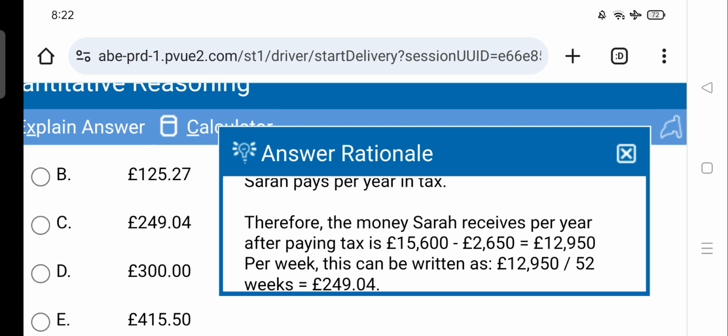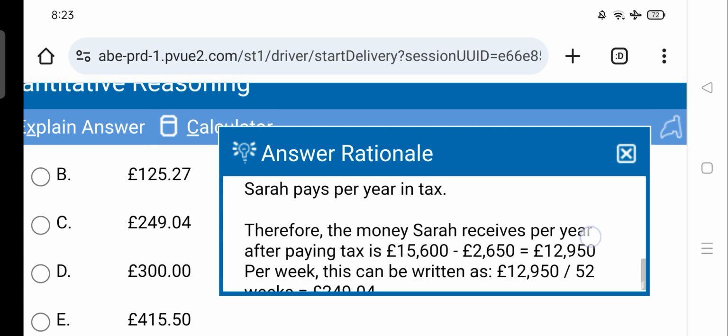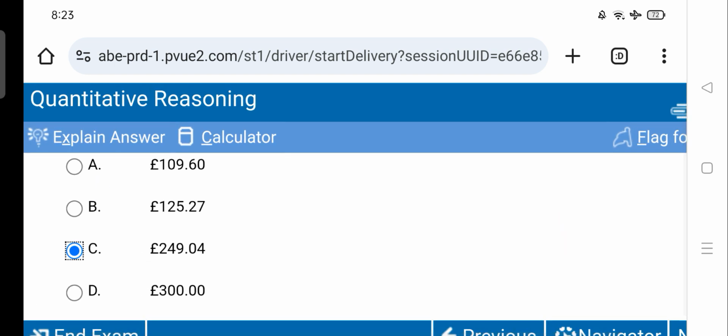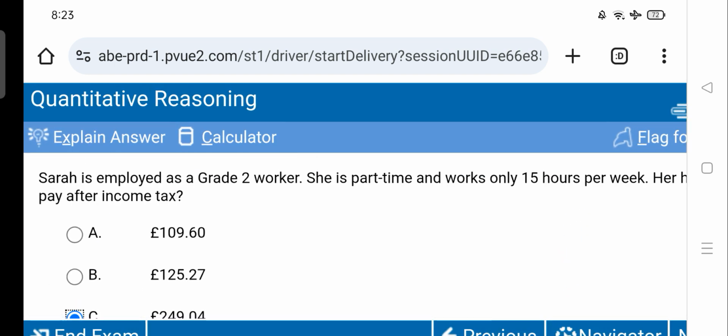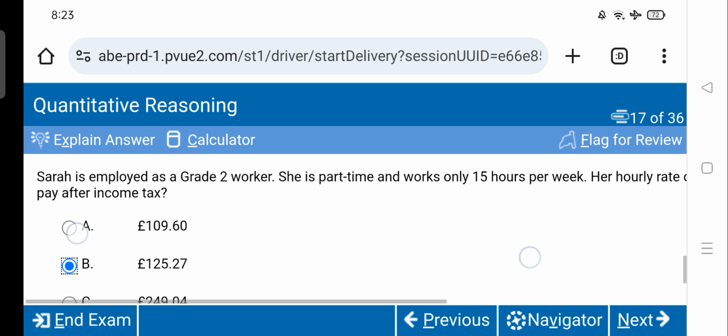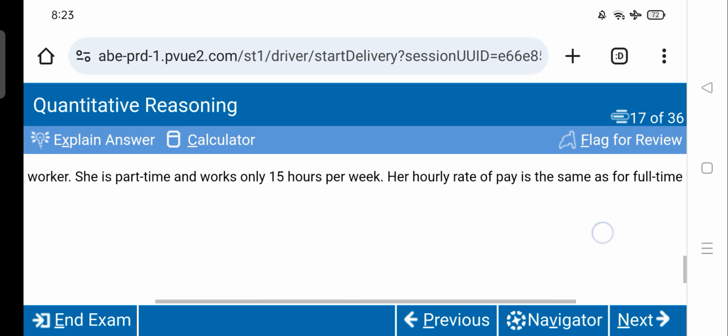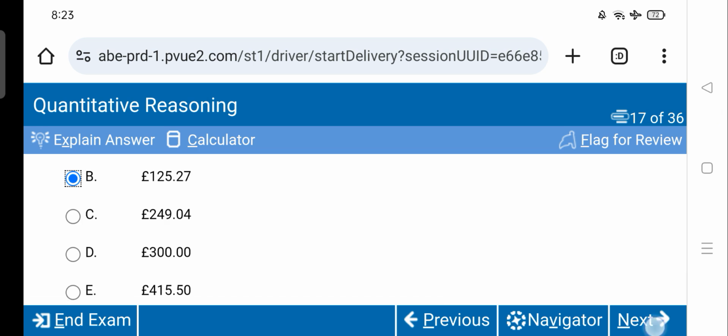This can be written as 12,950 pounds divided by 52 weeks equals 249.04 pounds. So here we have the correct response, option C, 249.04 is her weekly pay after income tax.